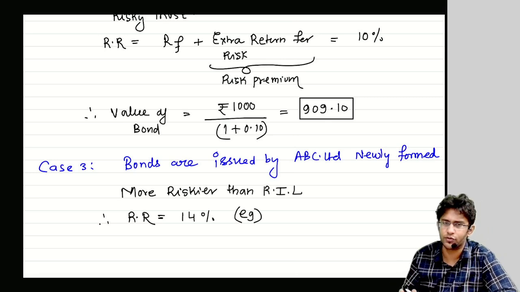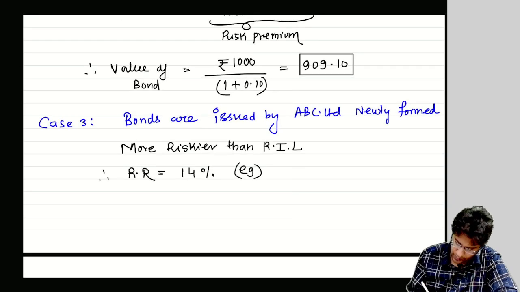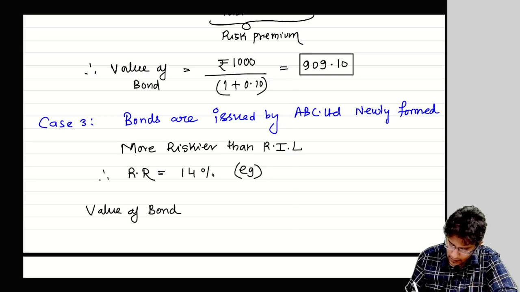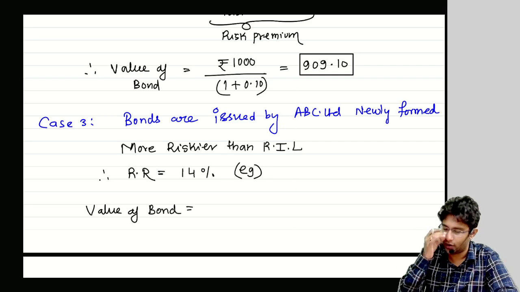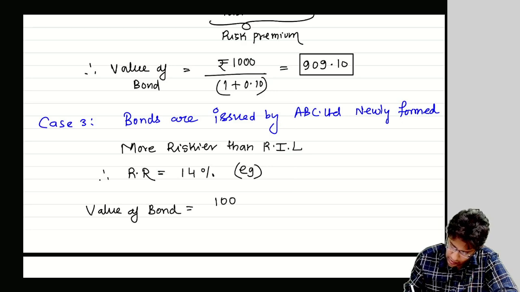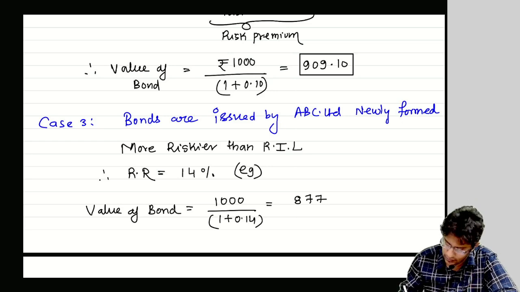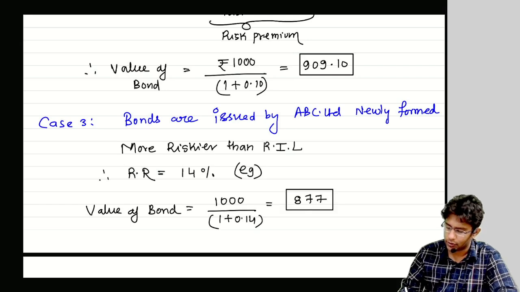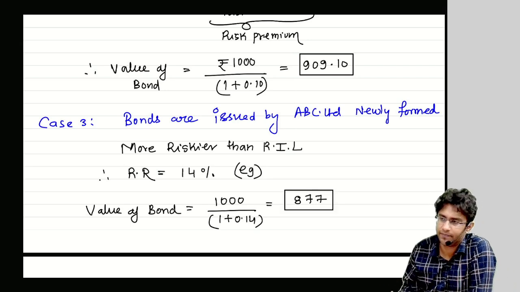Sir, these are all our assumptions only. I'm just telling you some numbers, that's all. Therefore, the value of the bond is equal to 1000 divided by 1 plus 0.14, which is 877. So guys, 877 rupees you will give.